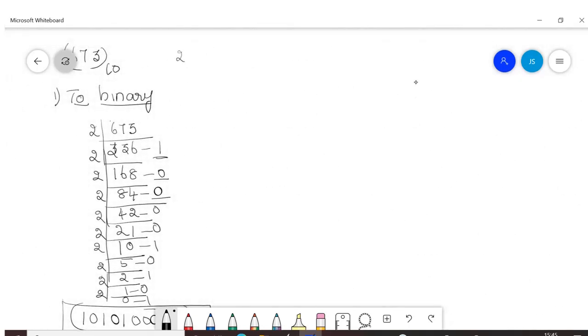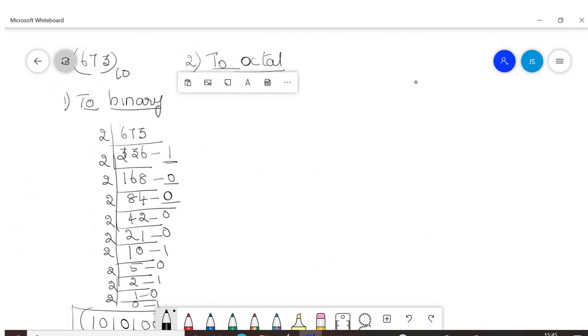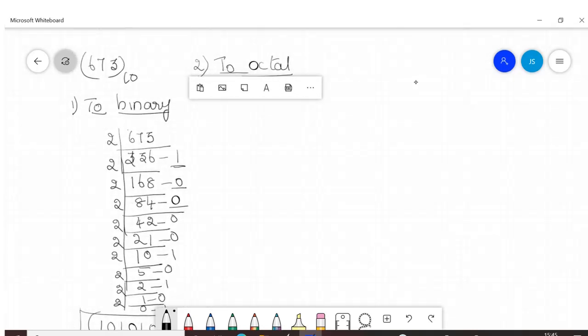Now let's convert it to the other forms. Next, let's convert it to octal. When we convert decimal to octal, we follow the same procedure we used to convert to binary, but we divide it by 8 instead of 2.